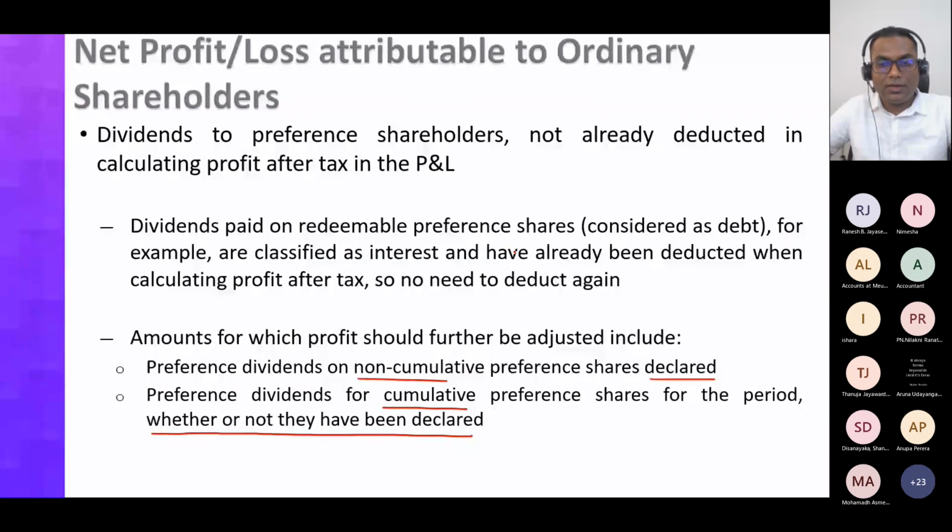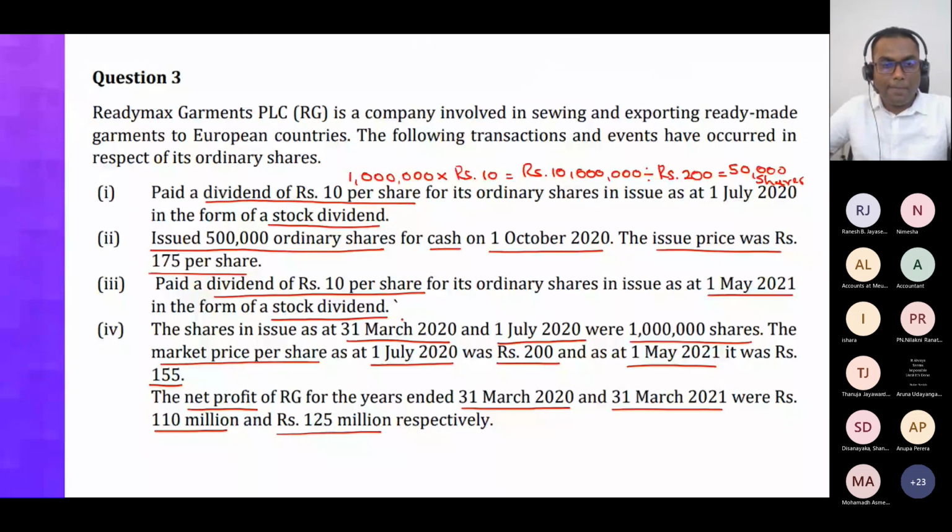On 1st October, if you look at Roman number 2, 500,000 ordinary shares were issued for cash. That is for cash, so there is a resource inflow. It contributes to earnings generation from 1st October 2020. This has to be adjusted prospectively, right? The issue price was 175 rupees per share.